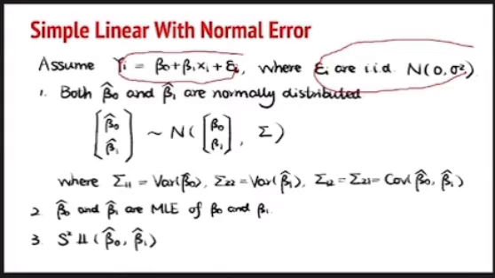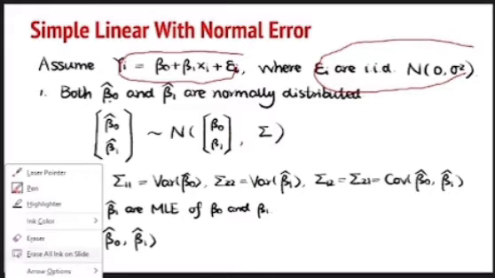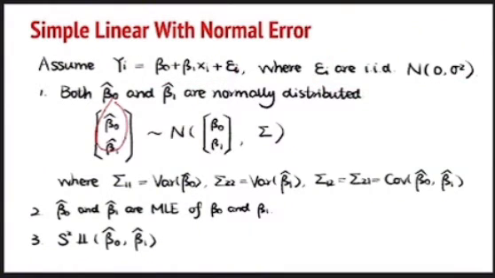Now, we have another assumption in addition to this. Because beta naught cap and beta 1 cap are random variables, we expect them to follow a normal distribution. Not only the error, which we expect to follow normal, but we also expect beta naught cap and beta 1 cap to follow a normal distribution.